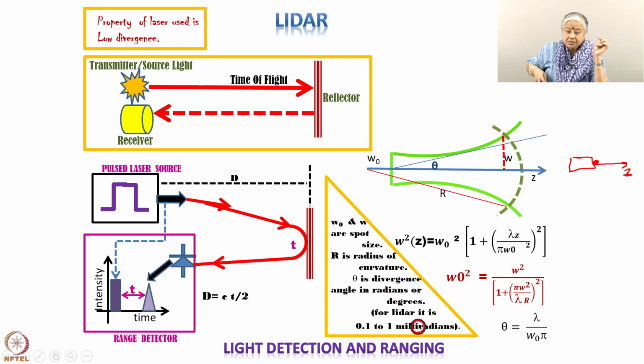Generally in LIDARs, this theta is around 0.1 to 1 milliradians. Okay. So, it is given in milliradians because it is so small, it is so tiny, but in degrees, 1 radian is equal to 180 by pi degrees.